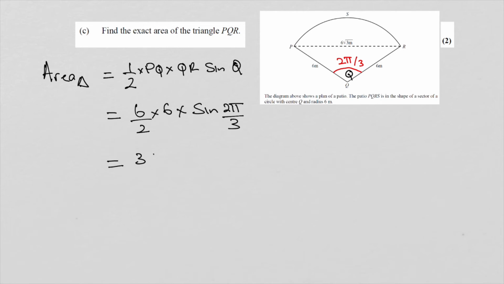And that will be 36 over 2 sine 2 pi over 3. And that will be 18 sine 2 pi over 3.